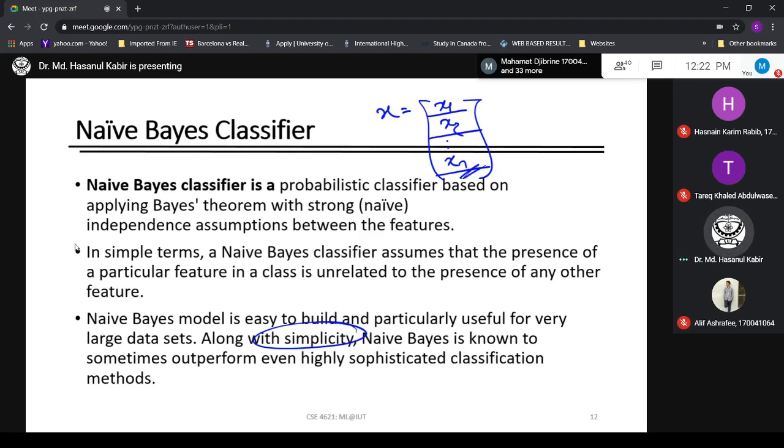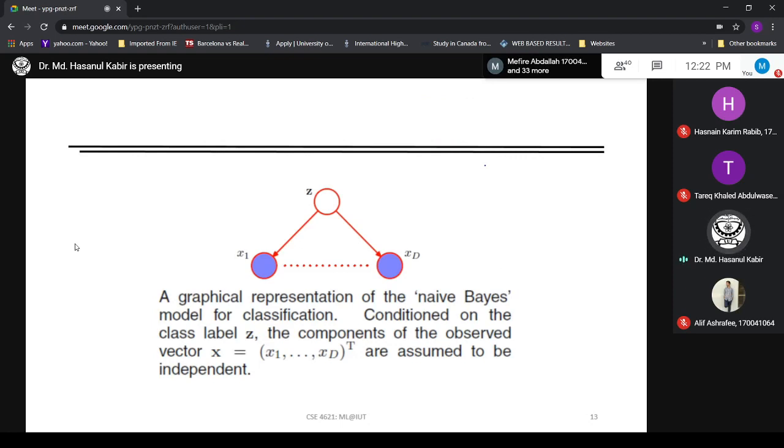And how does it work? This is a graphical representation that we have seen. Let's say this was the class C, and you have n number of features. This line represents that given the class C, we will have the corresponding probability of x1.